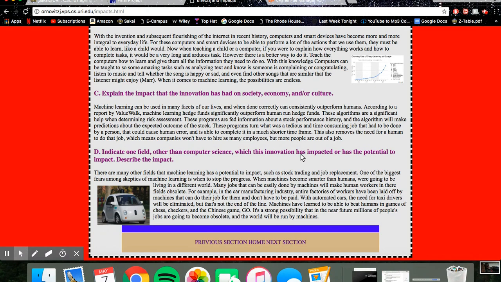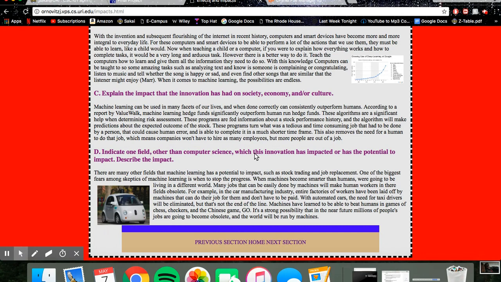The algorithm was able to take in data and pick up on trends, and use that to make investments based on stock price history or other trends throughout the market that otherwise would require a human to pick up on or figure out. It would mean companies could even run more efficiently without having humans working. So that's a big effect on society and human culture.